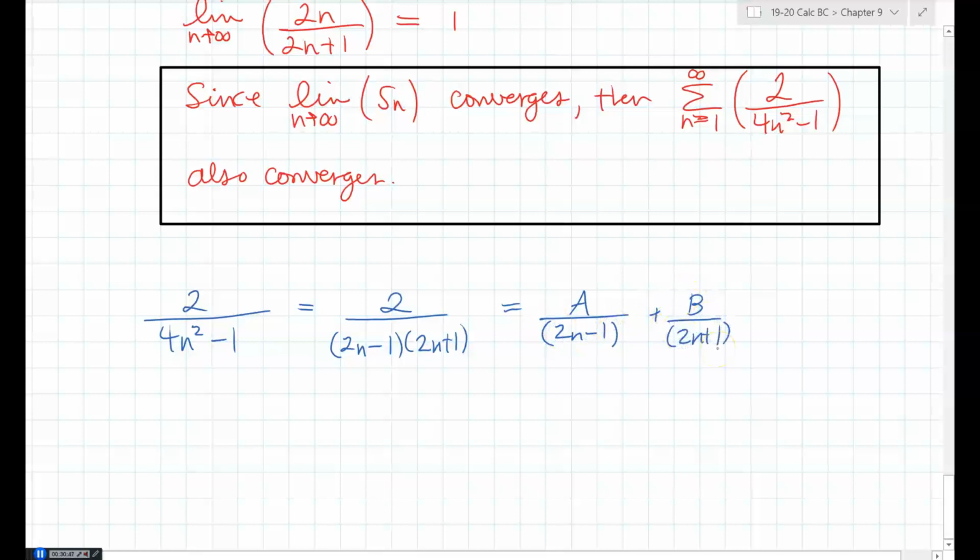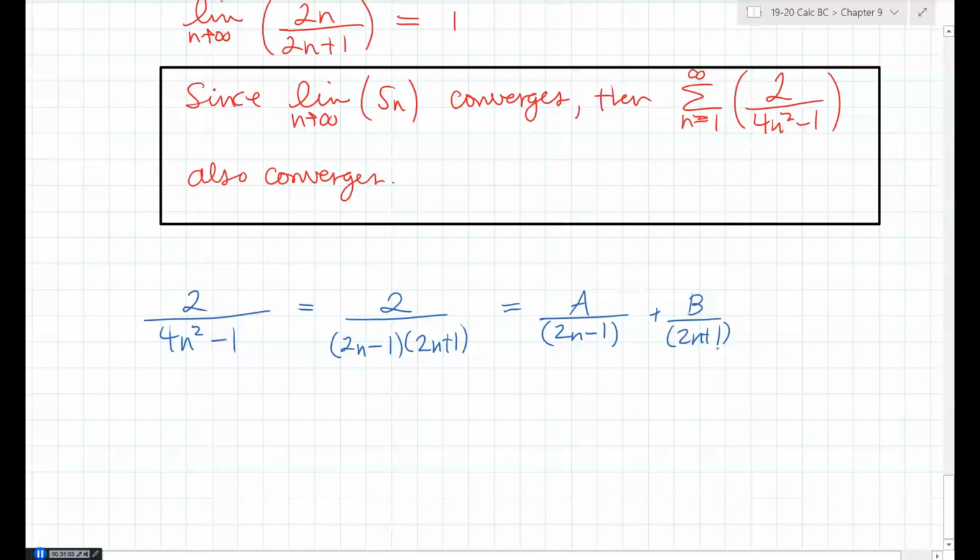If you find out what A and B are by using partial fractions, you'll notice things will start to cancel.